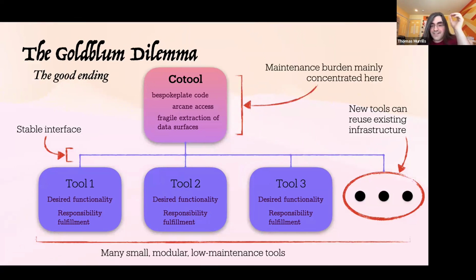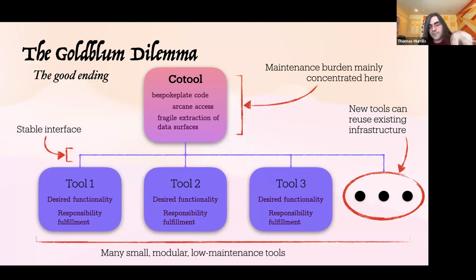They're good, I claim, because they concentrate the maintenance burden, right? They still have that bespoke boilerplate code and the arcane access and potentially fragile extraction of data surfaces, but now your maintenance is O of 1 instead of O of the number of tools. You can just maintain the cotool.